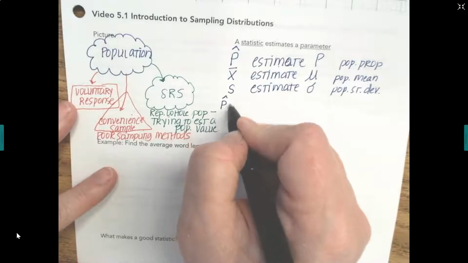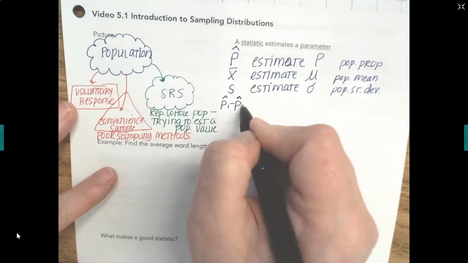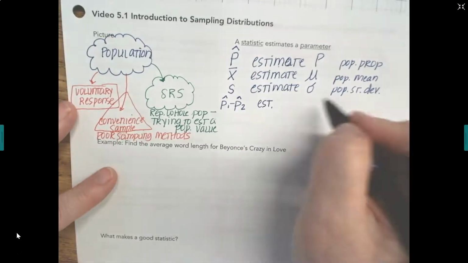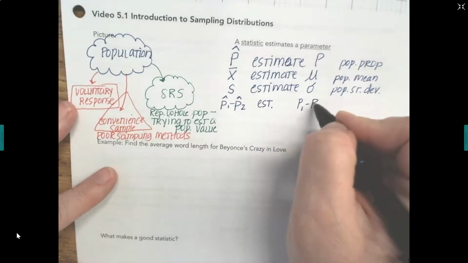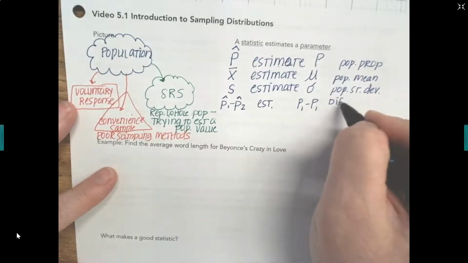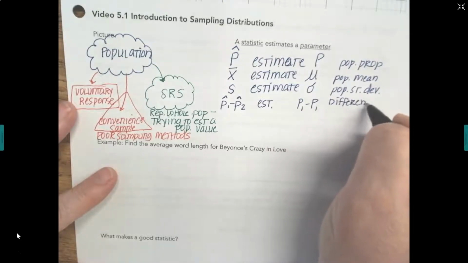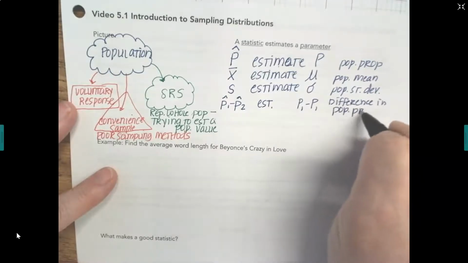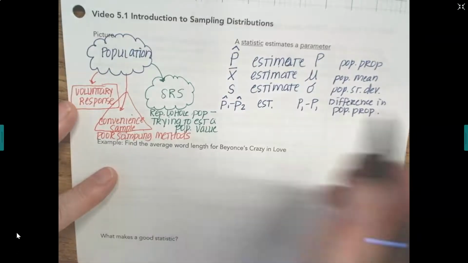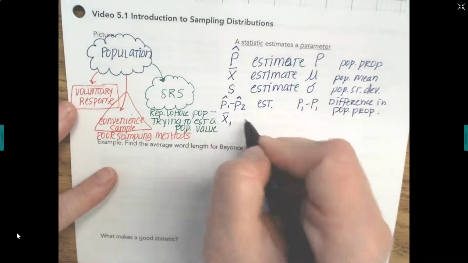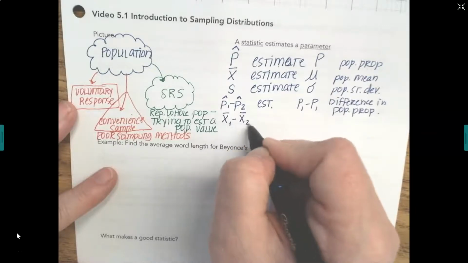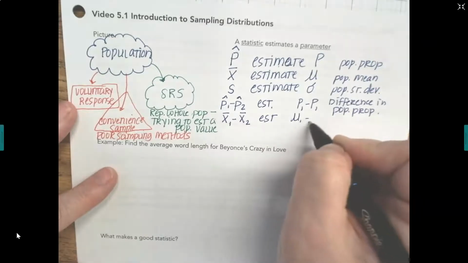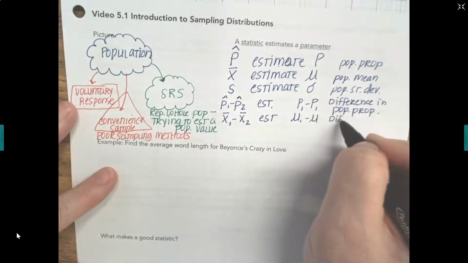We can have a difference in proportions: we take the two sample proportions, and that helps us estimate the difference in population proportions. We did the same thing with means: we take our two samples and find the difference of means, and that helps us estimate the difference in population means.